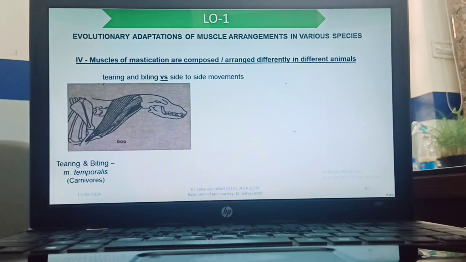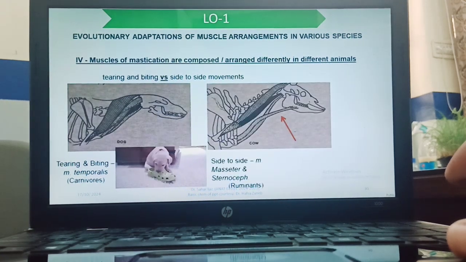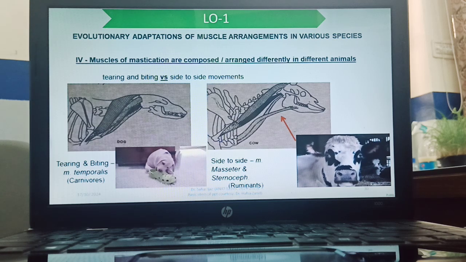Then if you look at the muscles of mastication, which are required for chewing, they might be arranged differently in different animals, because the three species we are talking about have different kinds of dentition, because they procure their food differently. For the canines, where tearing and biting is required, the temporalis muscle, which attaches with the mandible, has to be stronger.